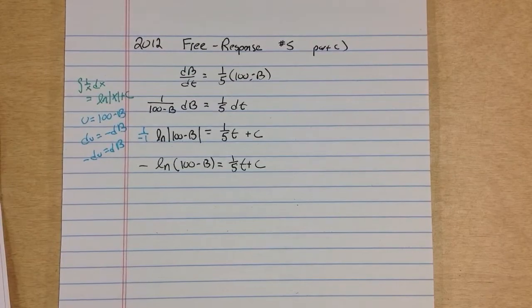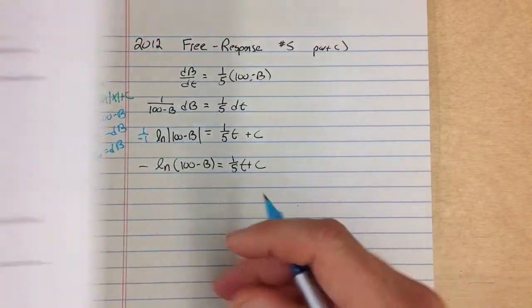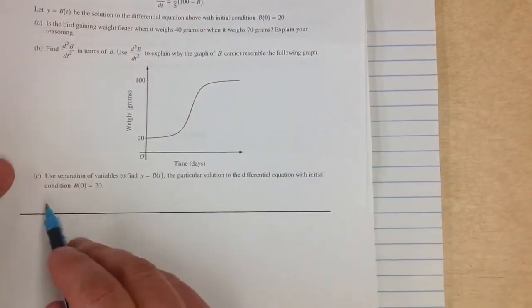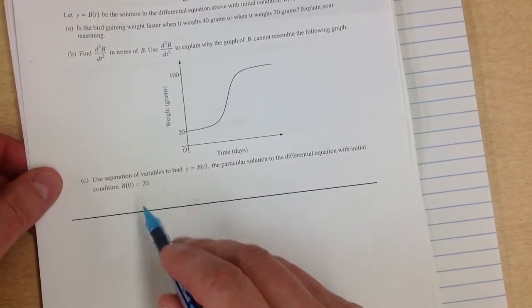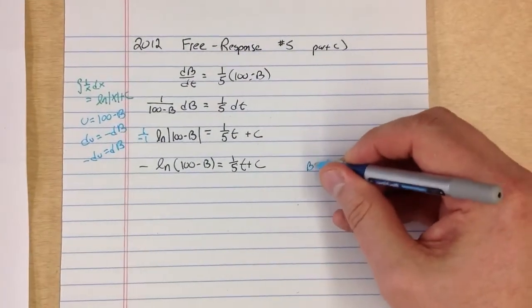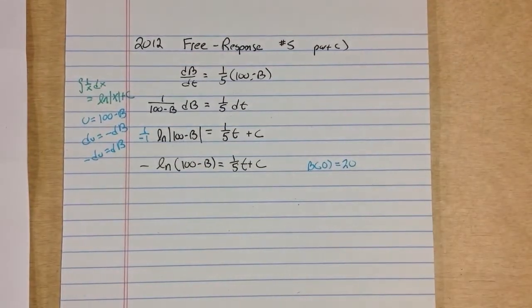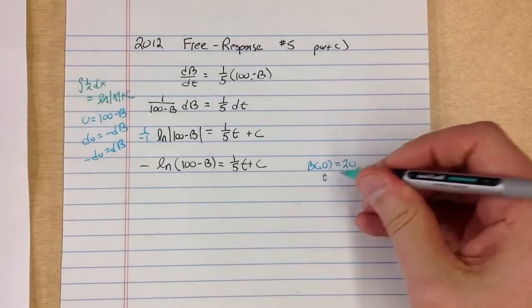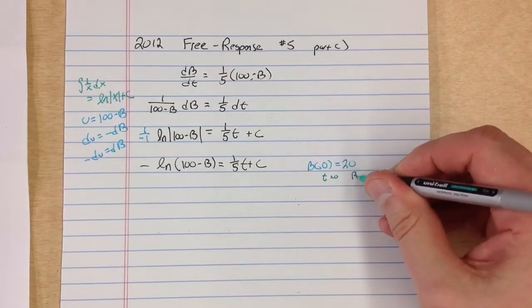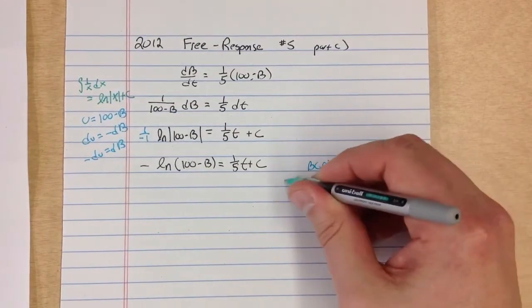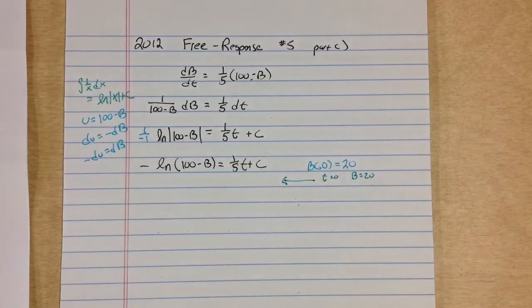So the particular solution, actually the initial condition, is b of 0 equals 20. So since b of 0 equals 20, that means that when t is equal to 0, the b is equal to 20. So we can take that information and plug it in here and find out what the c is.